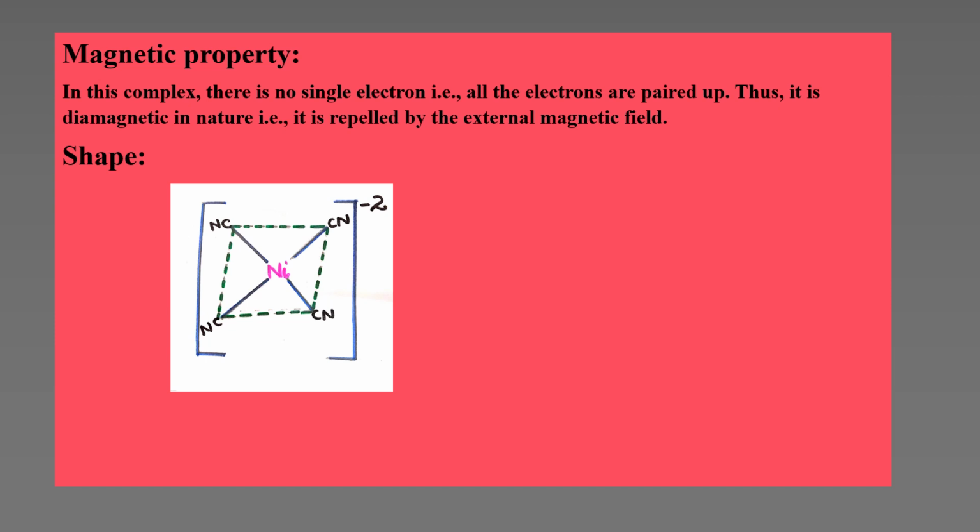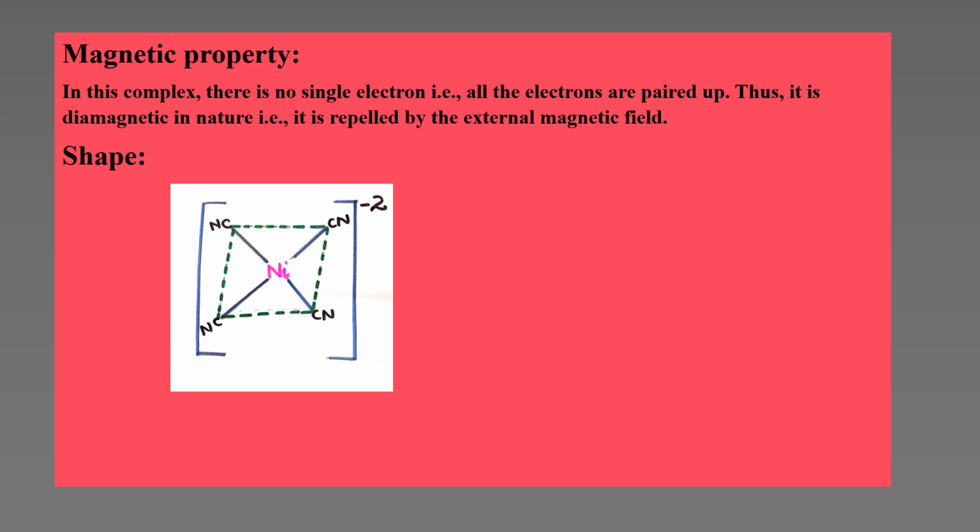What is meant by diamagnetic nature? The complex will be repelled by the external magnetic field. Observe the shape of this complex [Ni(CN)4]2-. It is square planar.